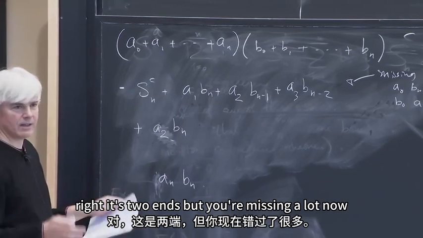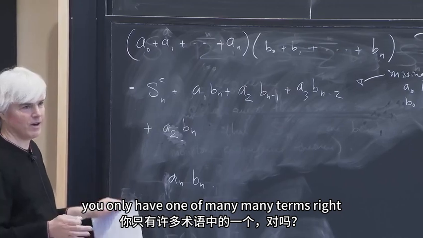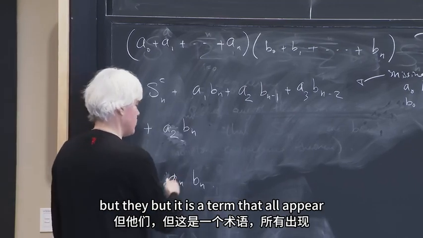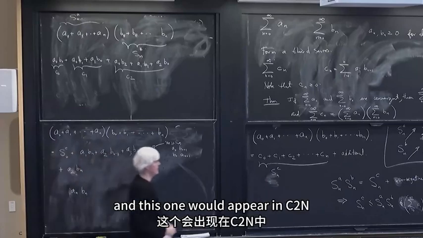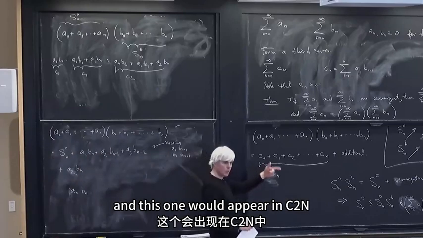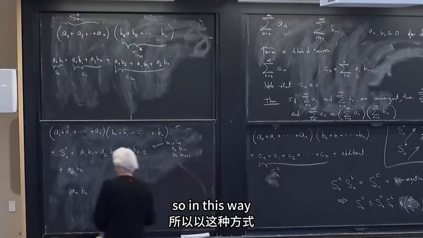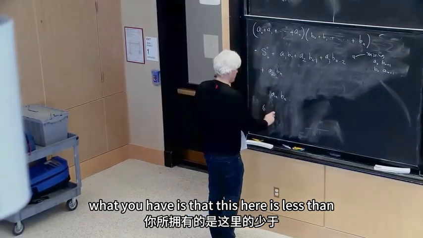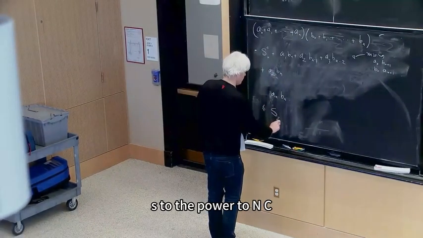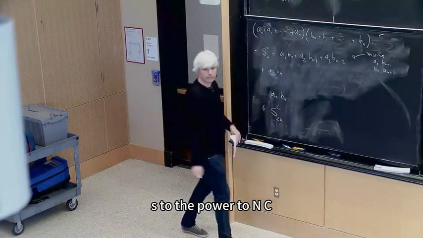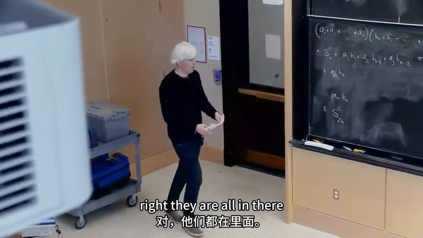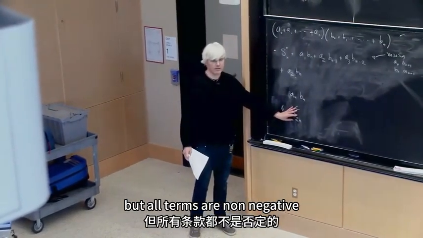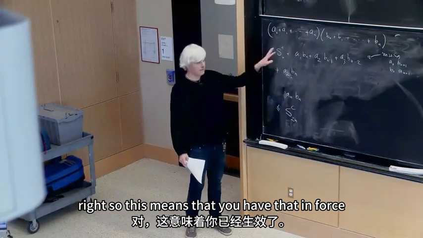But you're missing a lot now, you only have one of many, many terms. But it is a term that does appear, and it would appear in C2n. So in this way, this product is less than S to the power 2n of C. They are all in there, but you will be missing terms, but all terms are non-negative. So this means that you have that inequality.